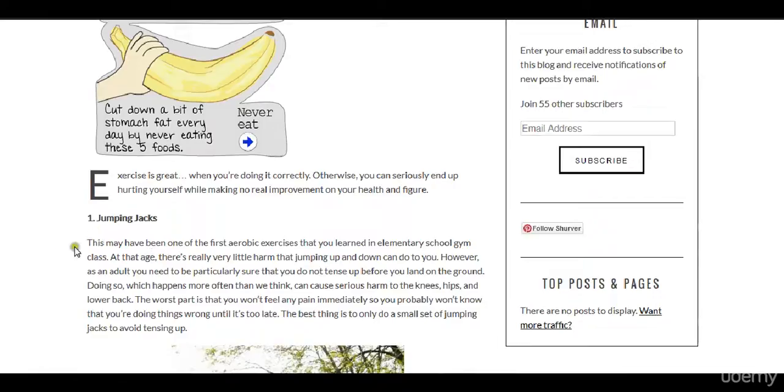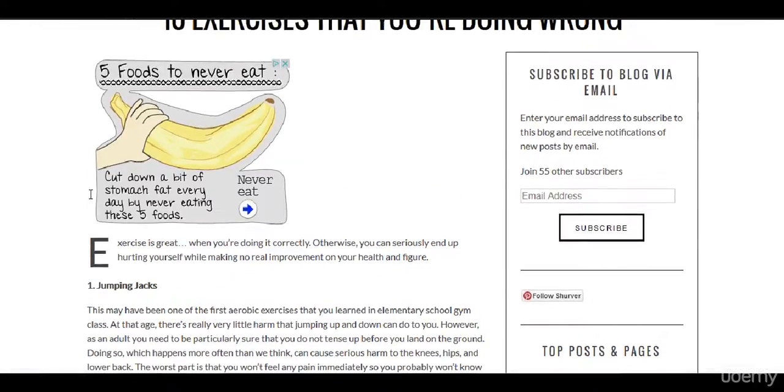Or you might want to try a different size. So this looks like it's a 336 by 280. You might want to try a smaller one, maybe a 300 by 250 ad. So you could try different sizes. Another thing I could try is putting one that's wider and thinner at the top and see how the clicks go for that as well.